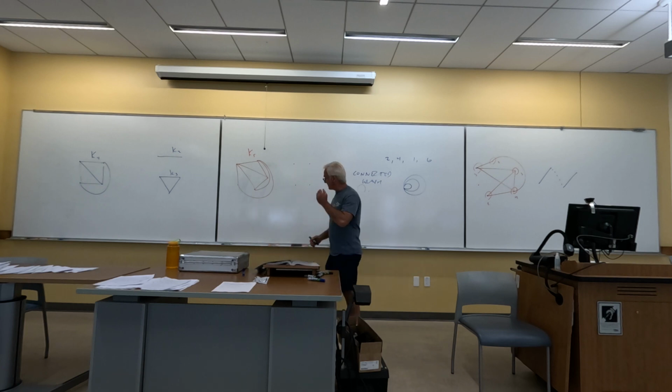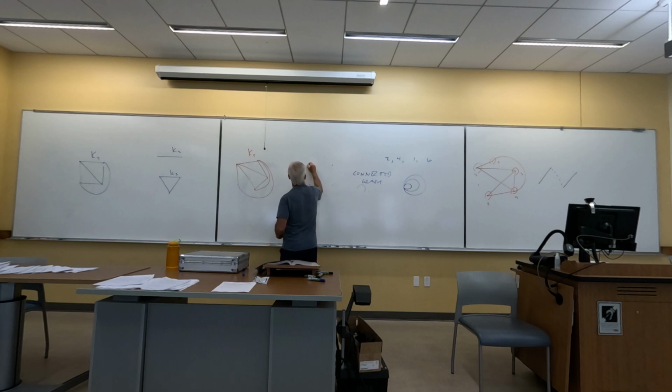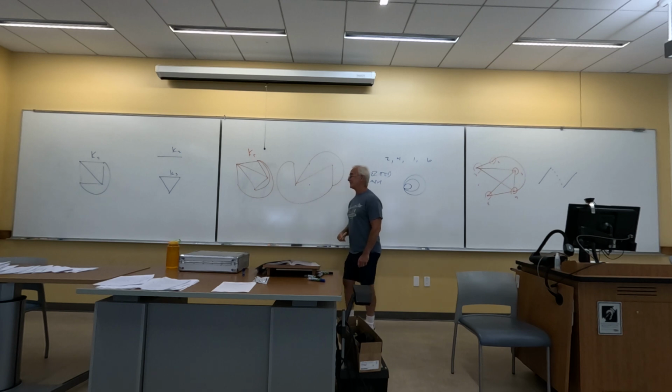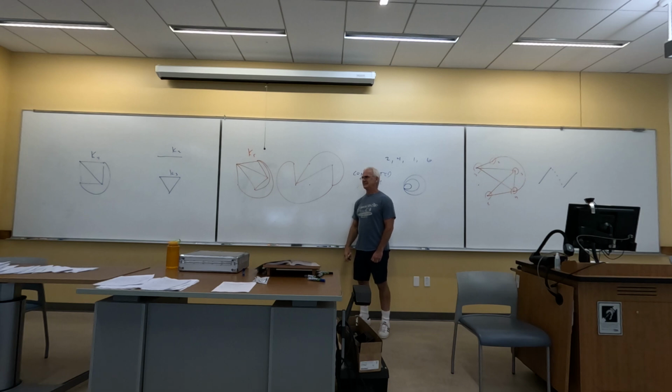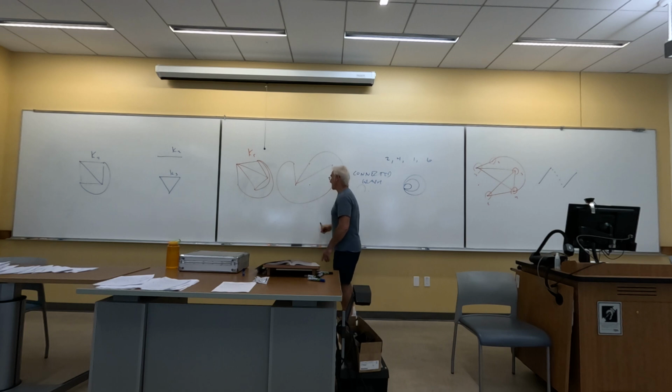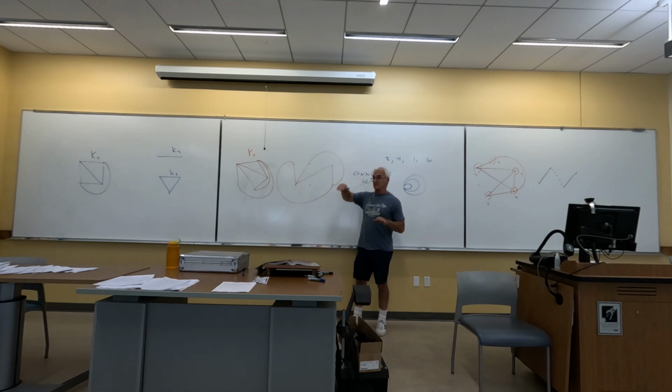So if I connect to my neighbors across the street, so far so good? What about that guy? Not so much. You notice I'm not connecting to the guys on the same side of the street. I want you to think about it literally as opposite sides of the street.